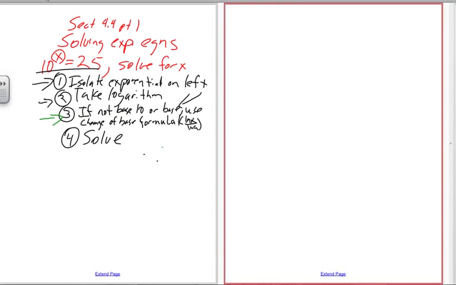Another thing then let's look at, and this looks really nasty, but it's not. Okay, now believe it or not, this is a quadratic.